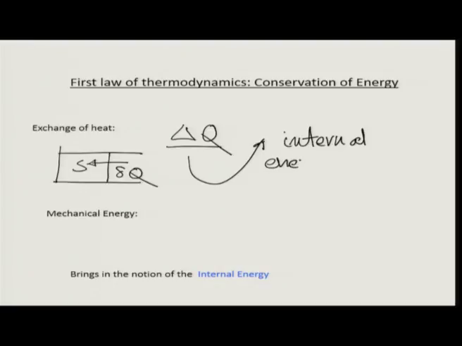The internal energy must increase because energy cannot be dissipated. If energy cannot be dissipated, some quantity must increase, and that is the internal energy. Let us say we have an ideal gas, and it is the internal energy of the ideal gas that will actually increase if I provide delta Q.